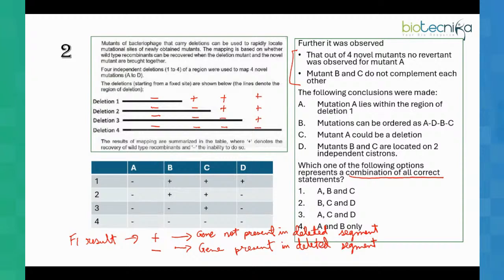Now, once you have analyzed this, you just have to match it with the table that is given. Which mutation is showing negative for all the 4 deletions? It is this mutant A. It means mutant A will be present in this particular region.